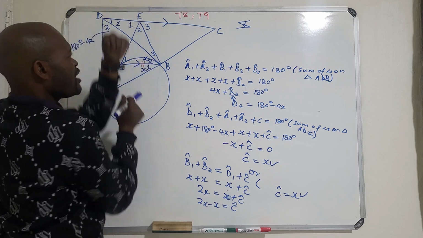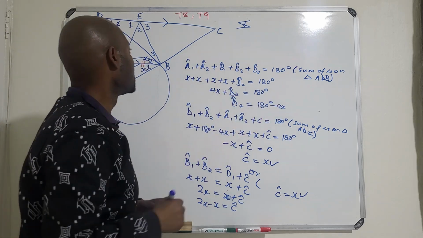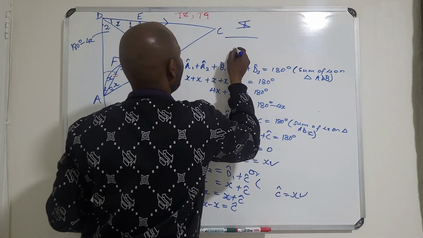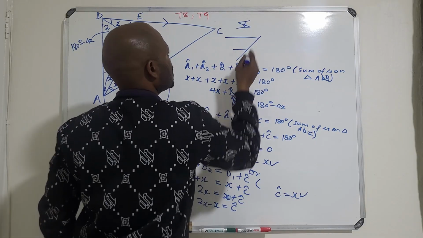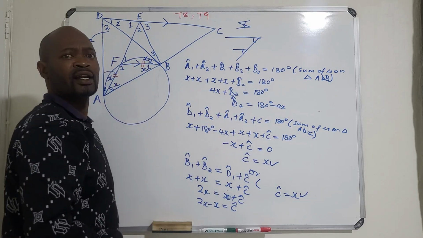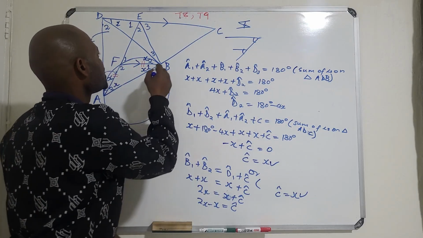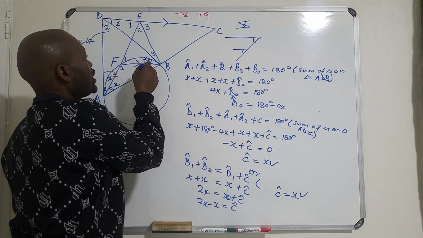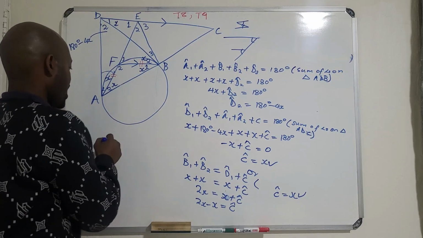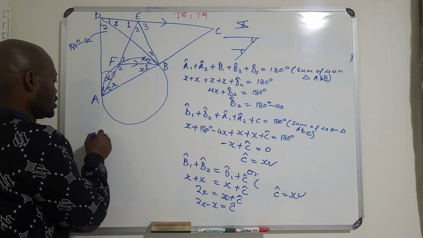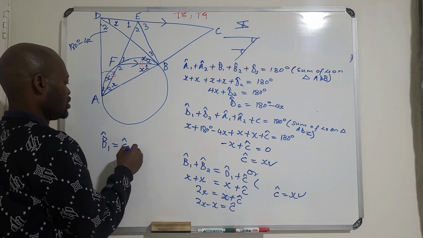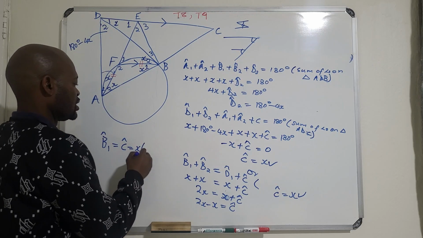And this F, we know from part 1, gives corresponding angles, and you can see this F looks something like this. Therefore, this angle there is equal to that angle there. Therefore, angle B1 is equal to angle C, which is equal to x.